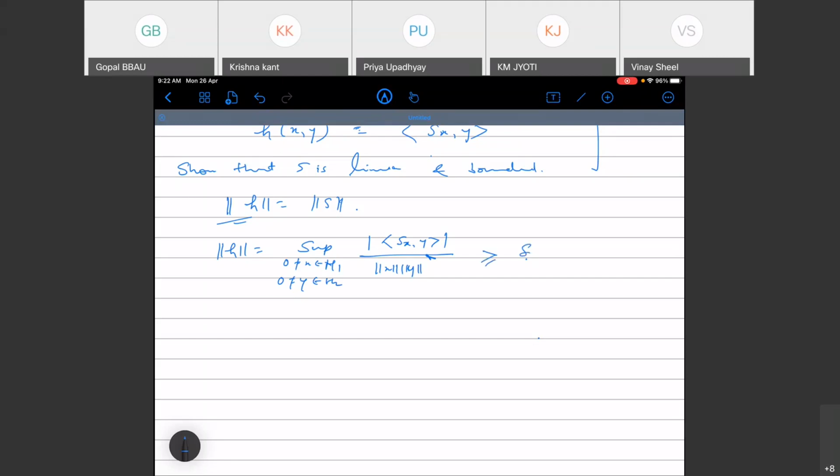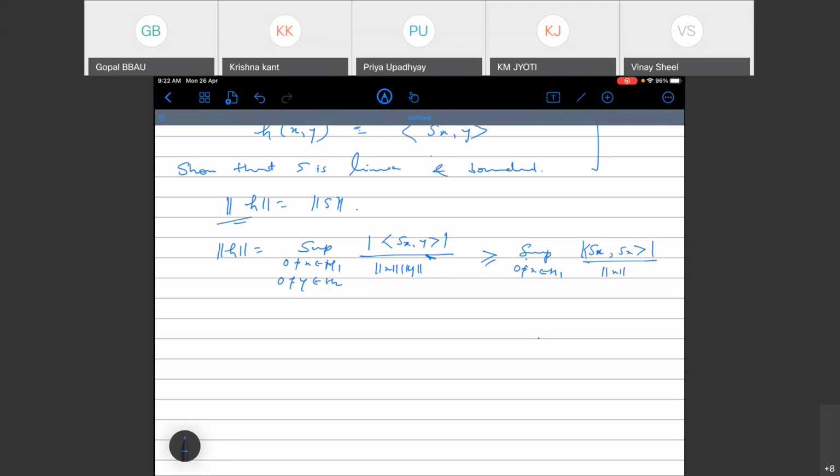So this is greater than or equal to supremum over x in h1 of inner product sx comma sx by norm x.